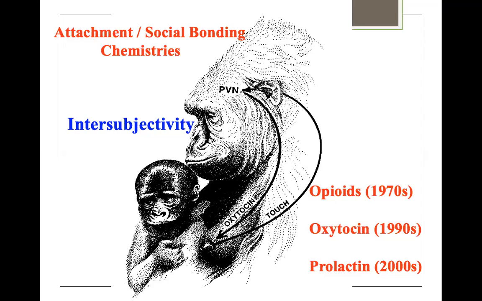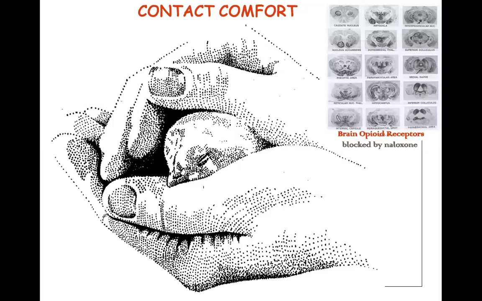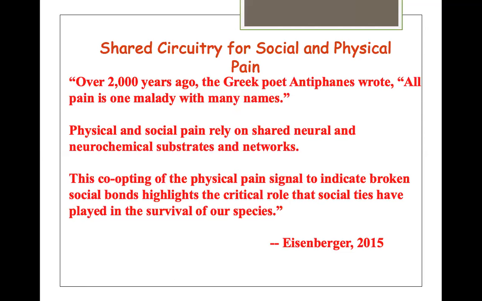And it's why touching is so comforting, because when we touch each other, we induce the release of endogenous opioids, oxytocin, and prolactin. And this response has been shown to be blocked by naloxone. So why are opiates so desirable? Because they give us that sense of belonging.